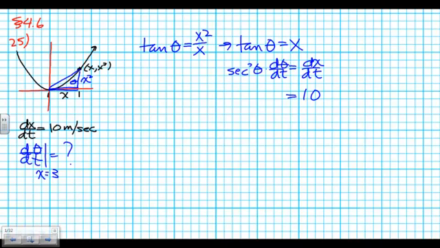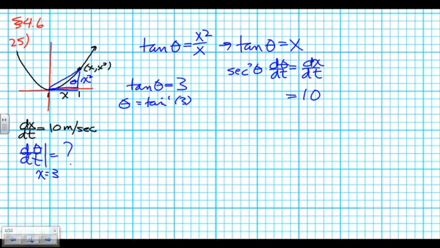So what I'm going to need to do is go back over here. We're going to need to find out what theta is. So tangent of theta is equal to 3 squared, well, is equal to 3. So theta is equal to the inverse tangent of 3. Not one of the ones I memorized. I'm going to be tricky here.